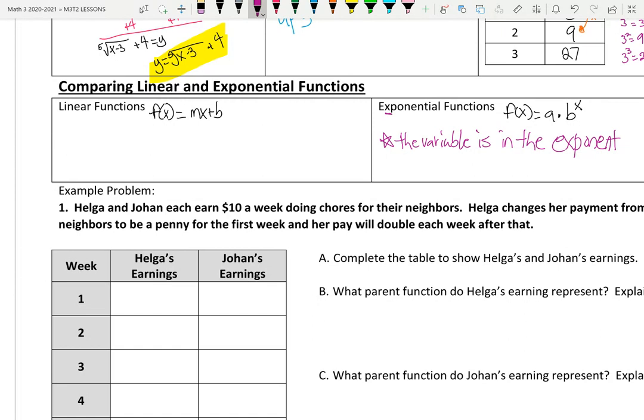For a linear function, we know that it is going to be a variable multiplied by the slope and adding the y-intercept.